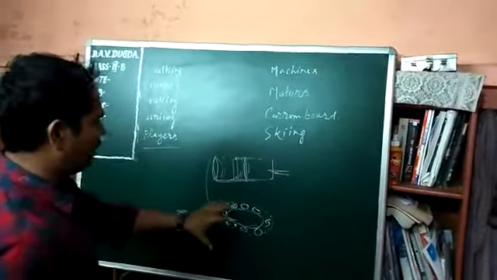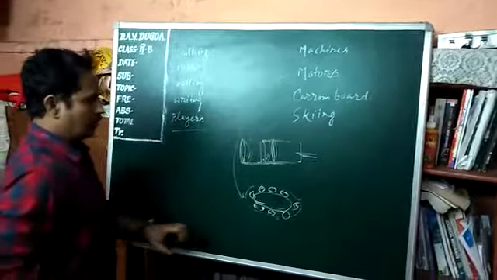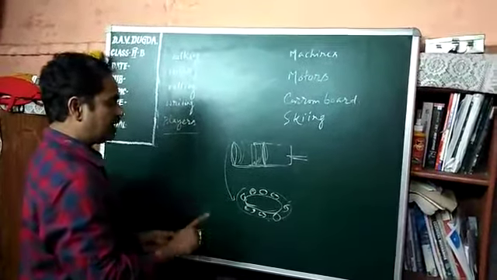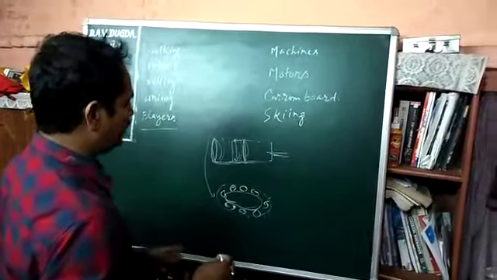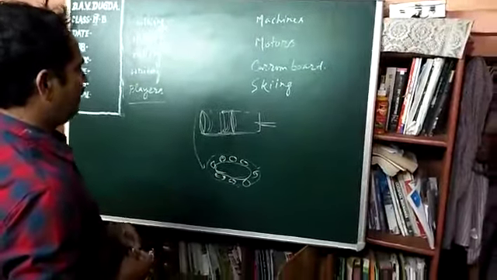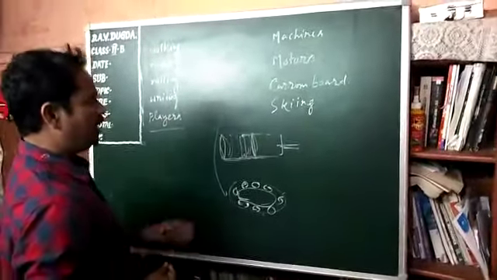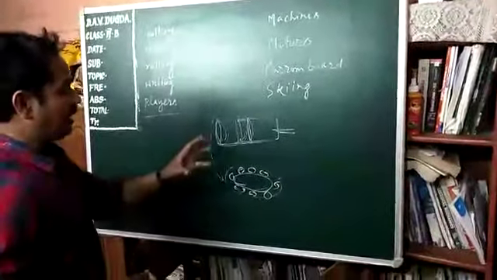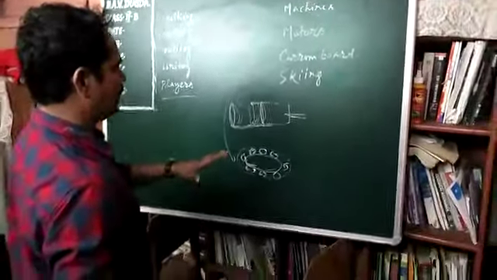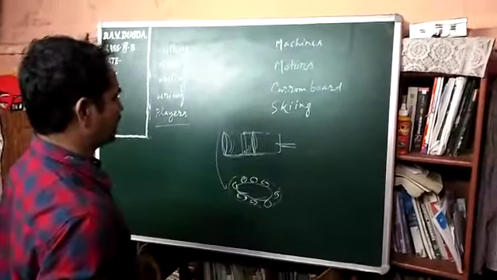So many lubricants are there. Any substance that reduces friction, we term it a lubricant. There are several lubricants: grease, mobile oil, engine oils, and some solid lubricants are also available in the market, called talcum powder or some powders which reduce friction.